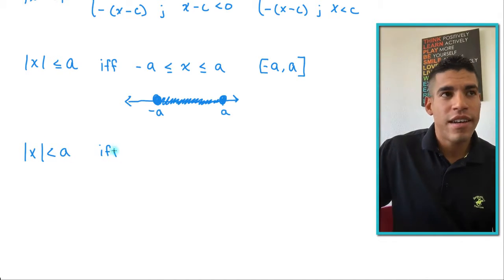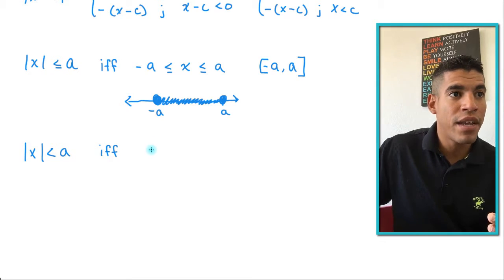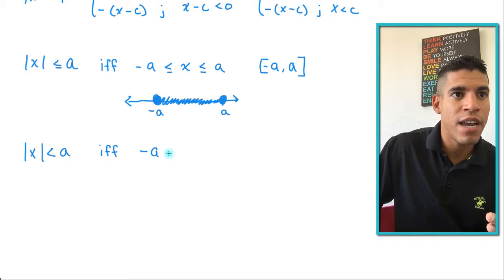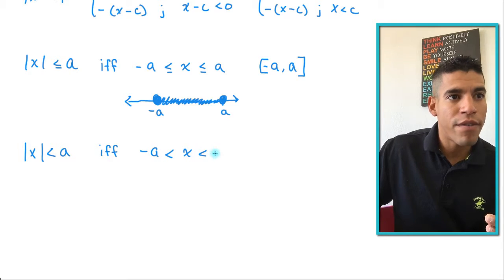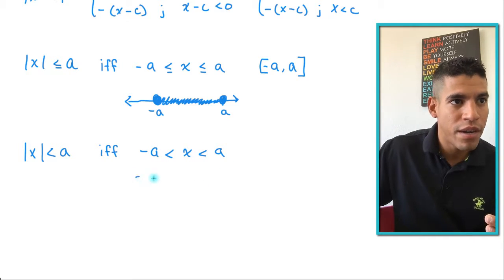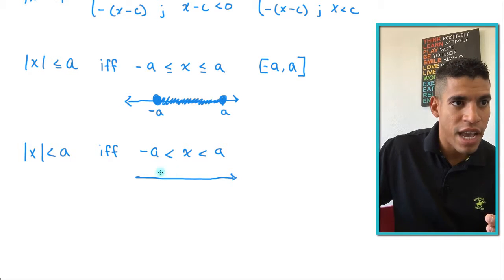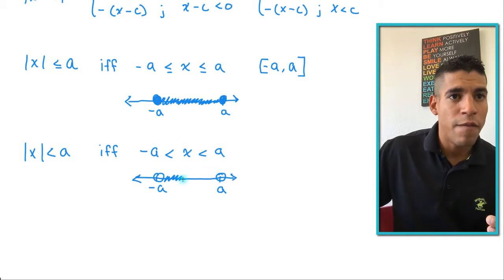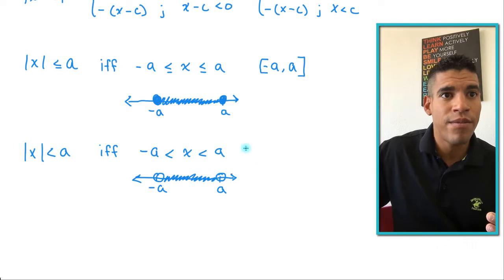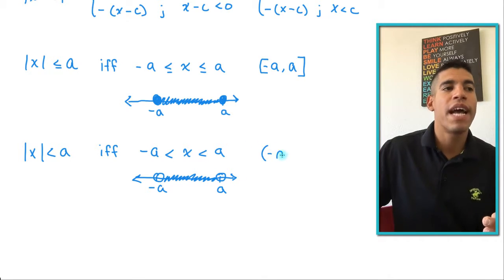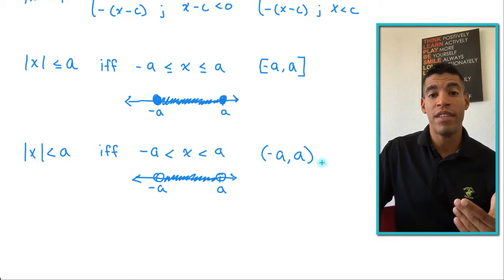Now that is just mimicking the same thing, minus a less than x less than a. The graphical representation will be this one, minus a and a, but now with open circles on both a's. If I want to represent this as an interval, it'll be minus a, comma a. Okay? That's what it represents.